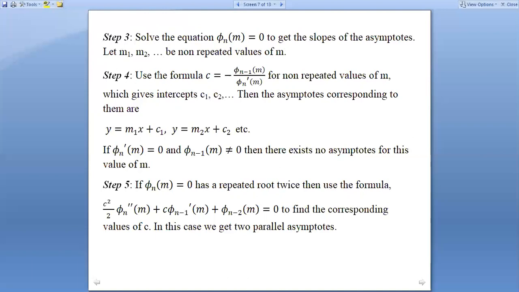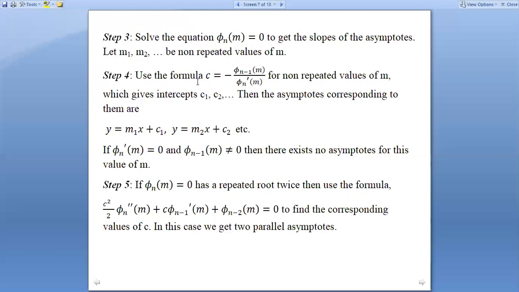In step 4, use the formula for c. Whenever you have to find the equation of a straight line, it is given by y equal to mx plus c. From step 3, we have found the slope, so m is known. Now we need to find the intercept.